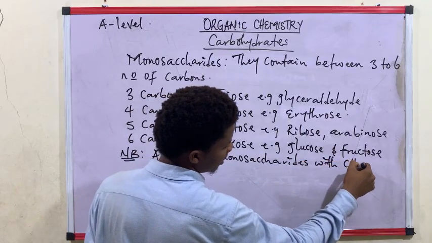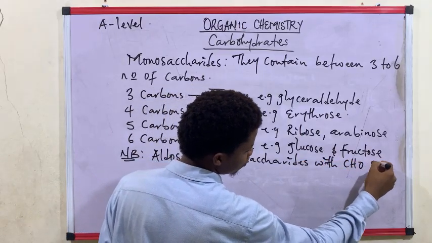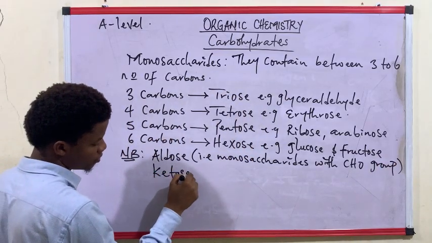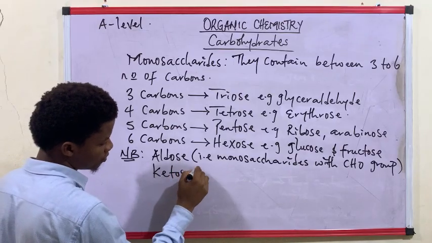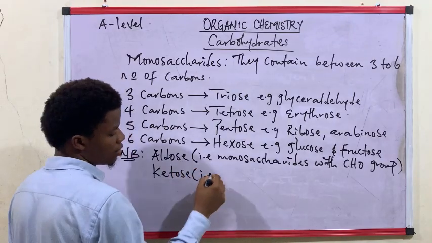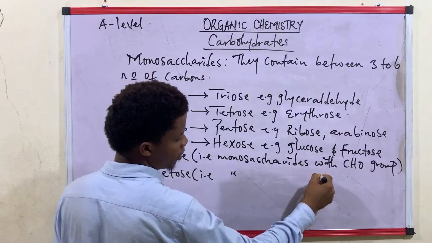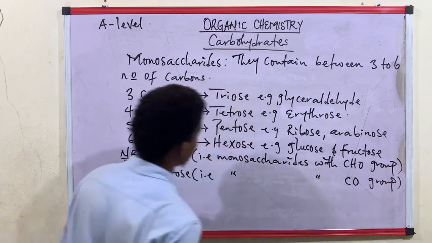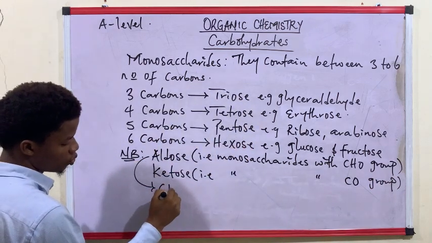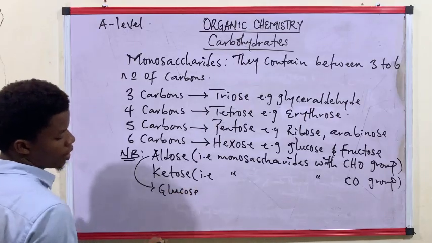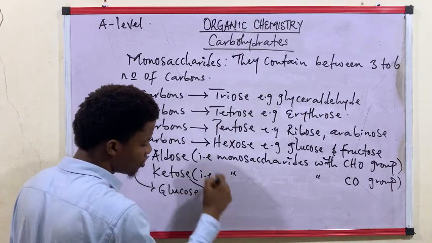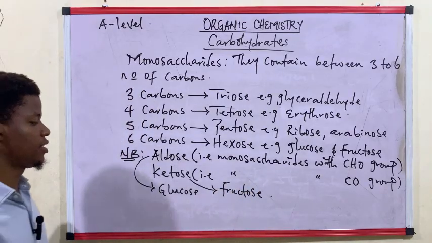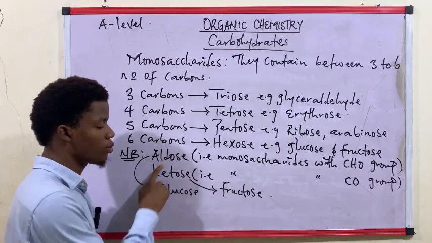While the ketose is a monosaccharide with the CO, the ketone group. A good example of the aldose is glucose, and a good example of the ketose is fructose. So fructose has a ketone group, while glucose has a CHO group.